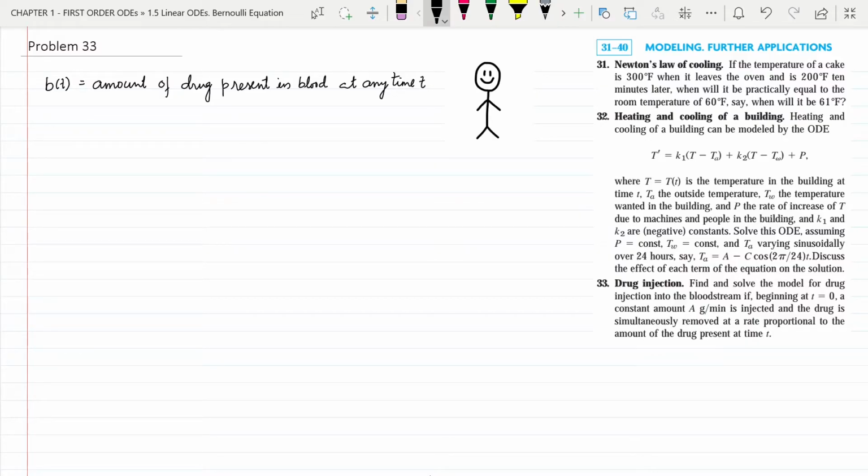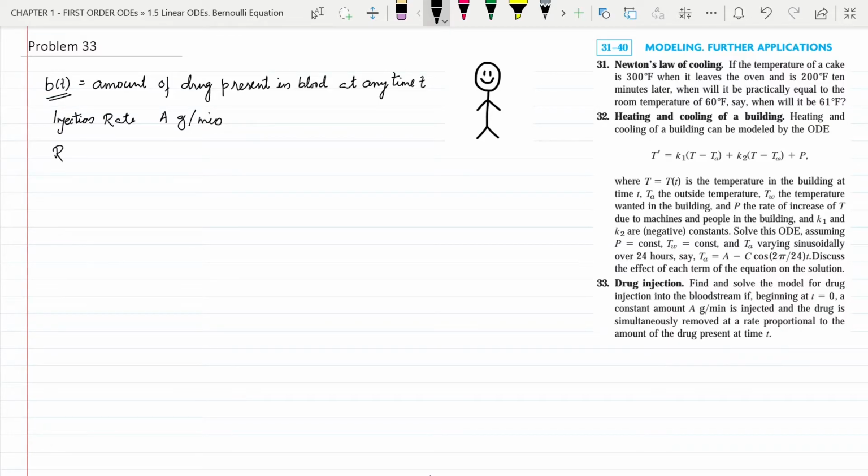Now it is given that a gram per minute is being injected. So injection rate is a gram per minute and drug is being removed at a rate proportional to the amount of drug present at any time t. So B of t is the amount of drug present at any time t.